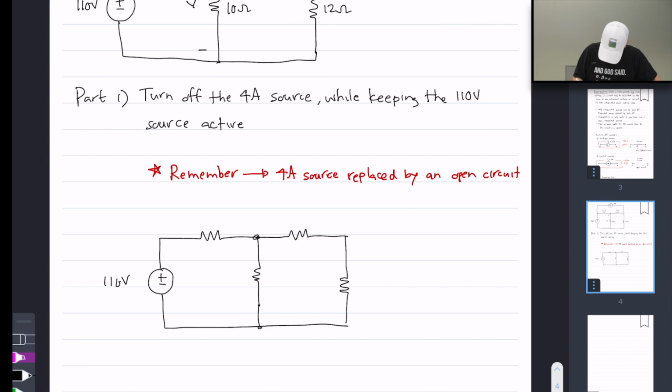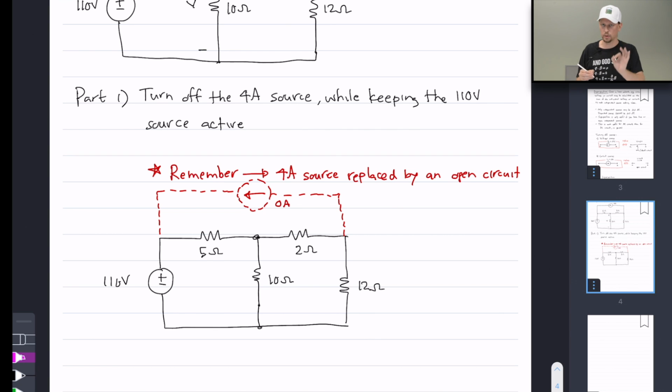This is a 5 ohm resistor, a 2 ohm resistor, a 12 ohm resistor, and lastly a 10 ohm resistor. Now, the current source used to be up here. So notice that I'm drawing in the current source with a dashed line, except it has been turned off. This is now providing us with 0 amps, right? Notice that I have replaced that entire thing with an open circuit.